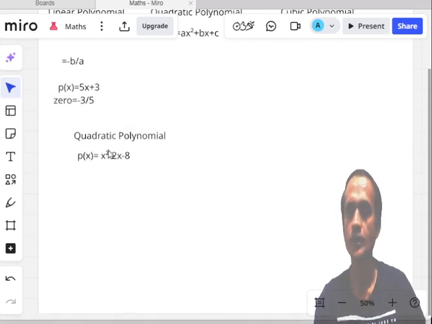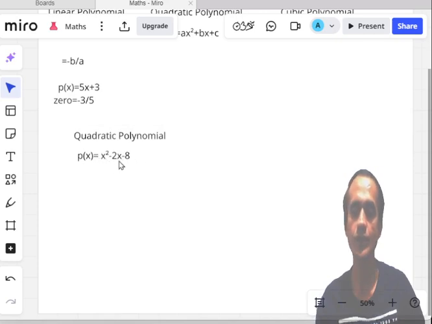Now we want to find out the zeros of this quadratic equation. So in class 9th we studied to split the middle term and factorize a quadratic polynomial. So we'll do the same here.